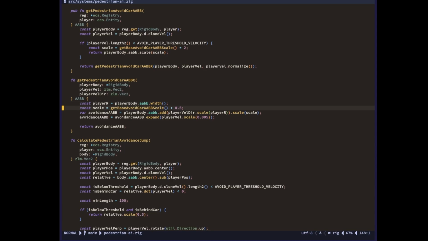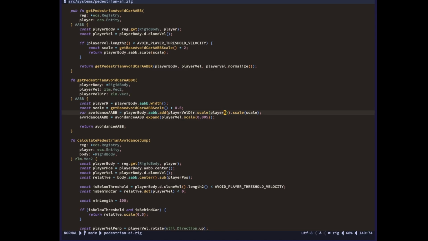And this one, we basically have the calculation here. So we have the player body rectangle, the player rectangle that goes around the car, and we move it in the direction of the velocity of the player, which we scale by the width of the car.